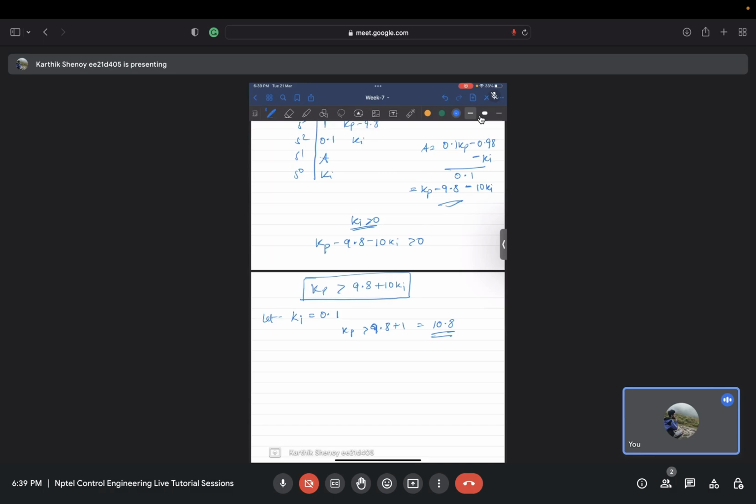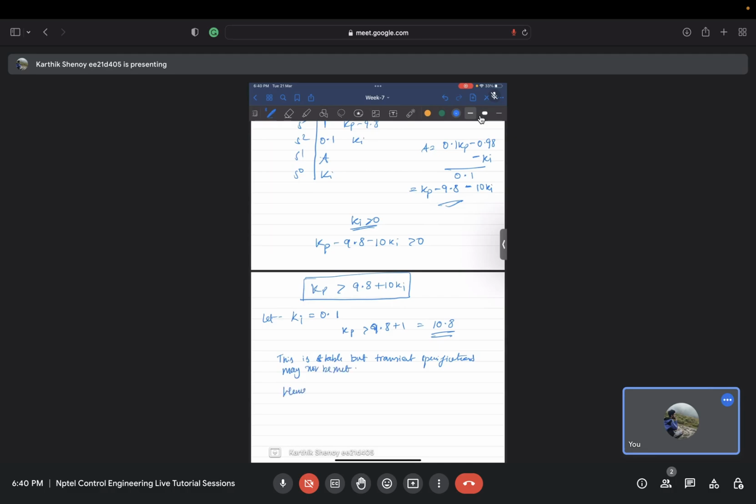Now the thing is, this will most likely stabilize the system. But the problem is, sometimes Kp can be really high to get the desired transient performance. So what do I do? I'll add a derivative also. This is stable, but transient specifications may not be met.